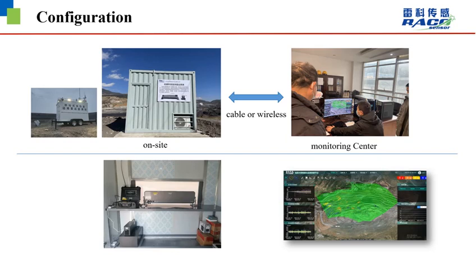On the edge of the pit, we can set up a chamber or a trailer and place the radar inside. In the monitoring center, we can set up the server to run monitoring software platform. The connection between the radar and the server can be cable or wireless network.